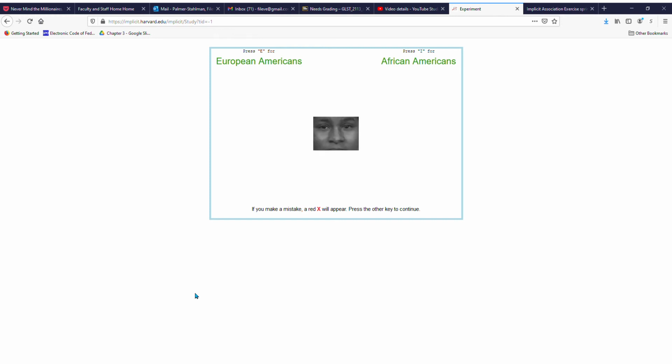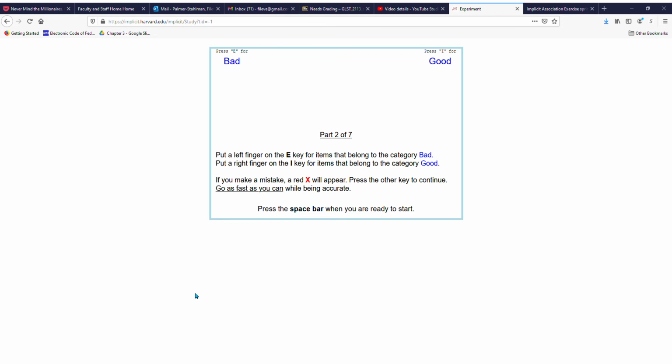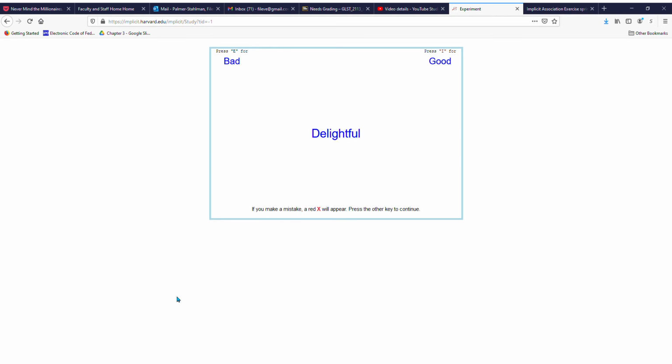You will see at first, it's not so hard. And we're just making sure that we can recognize the different groups' faces. Next, you will be presented with words. From there, you will press the spacebar, and the words are correlating. Press I for good, and E for bad.